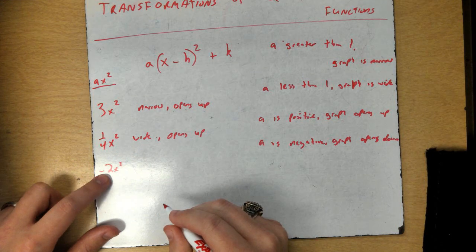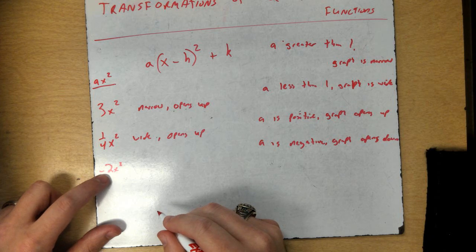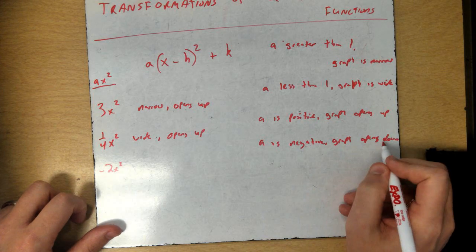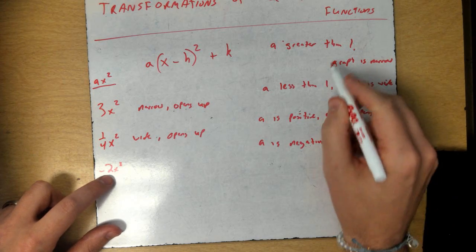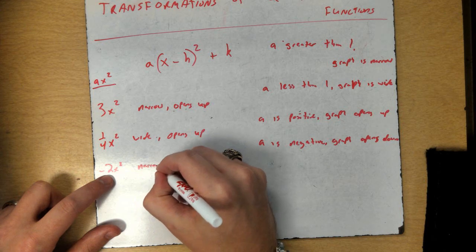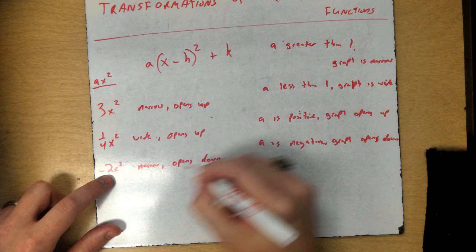Negative 2x squared. So now, if our a is negative, our graph is going to open down, but look, it's still greater than 1. So it's going to be a narrow graph, and it opens down because it's negative.